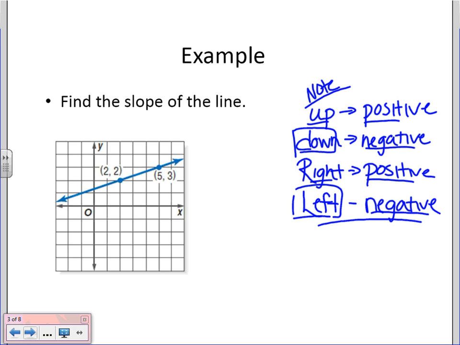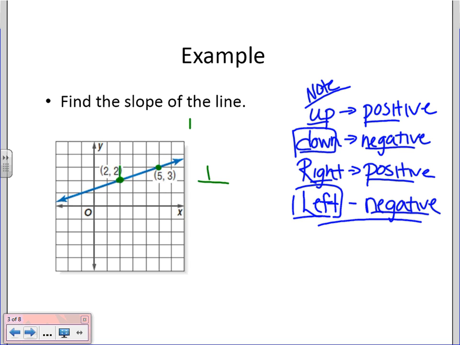Okay, so let's look at this example here. So I want to find the slope of this line. All right, so I am starting here at this one point given to me. And I'm going to try and find how far away this point is here. What's the steepness of this line? So I'm going to go up 1.